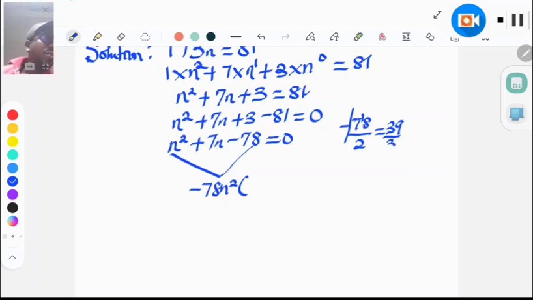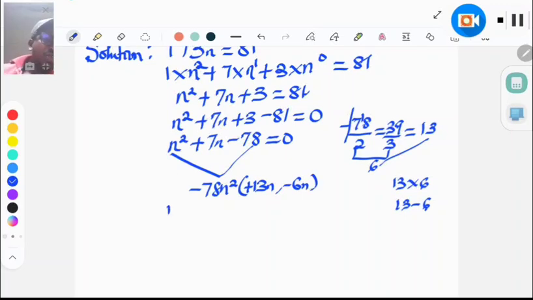So I divide further. 3 in 39, that's 13, and 3 times 2 is 6. It means 13 times 6 will give me 78. And I can also say 13 minus 6 would give me 7. So easily, I can decide to use positive 13n and negative 6n.